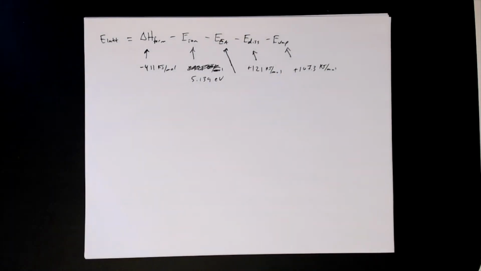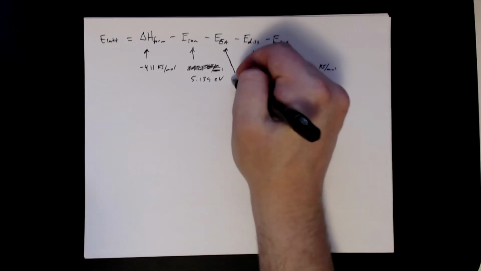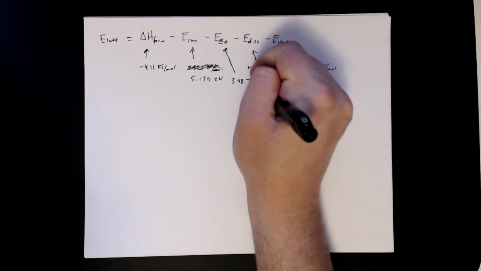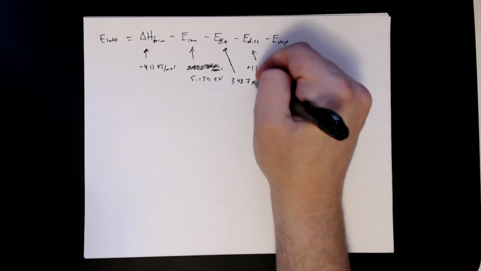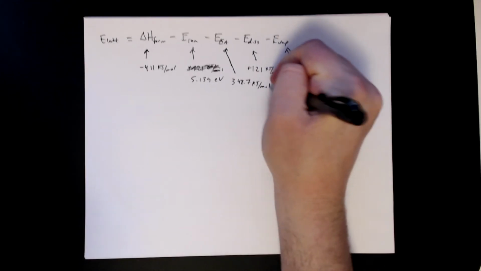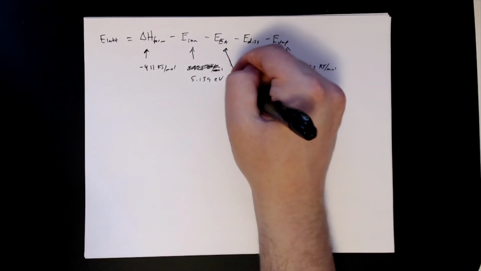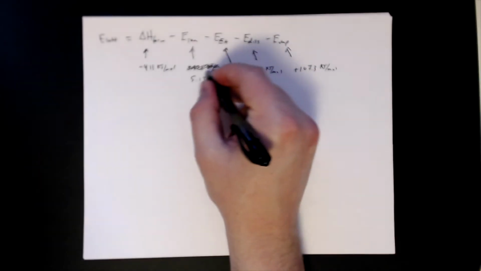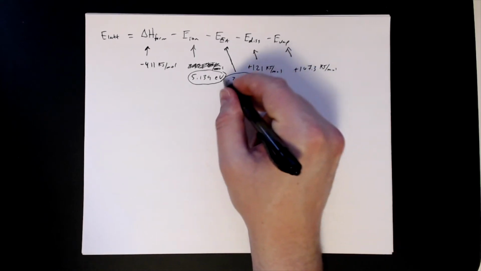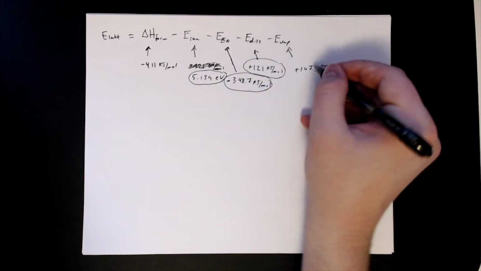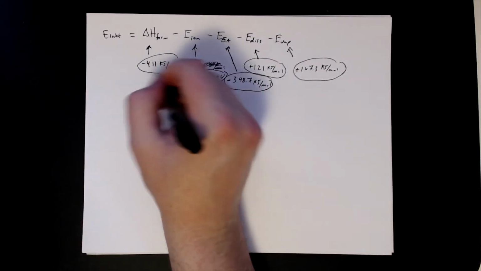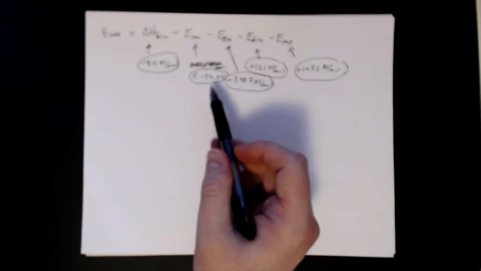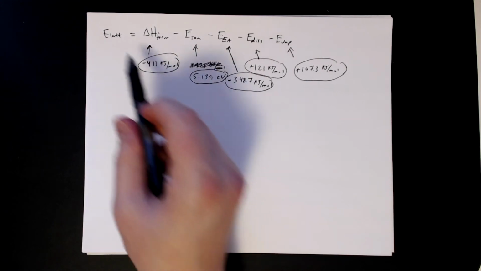So let me write this value: 348.7, in kilojoules per mole, and this was exothermic, so I'm going to put a negative there. Maybe circle these so I don't get them mixed up. All right, so I've got all my values, and really all I need to do now is convert and then add it all up to get the lattice energy.